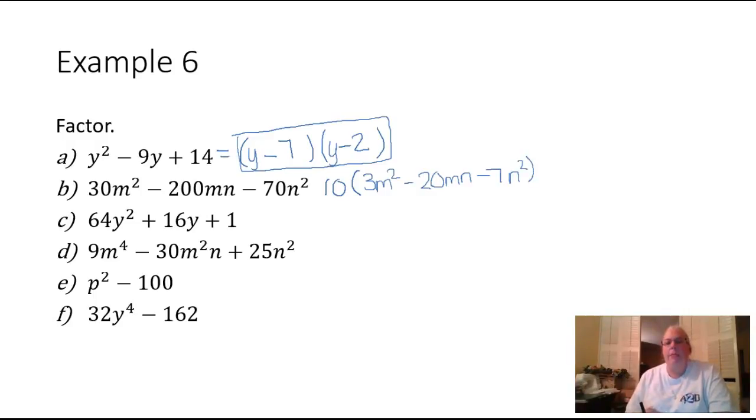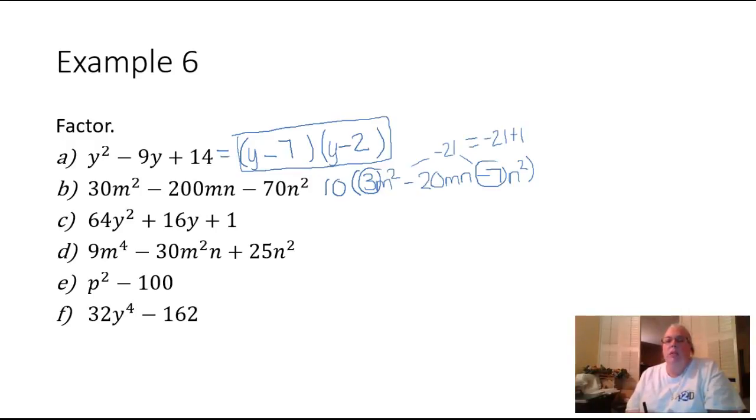Now, my trinomial back here will actually factor one more time. So what I'm going to do is multiply 3 times the negative 7 here. This is going to give me negative 21. And I'm looking for numbers that will multiply and give me negative 21, but will add together and give me negative 20. So I think negative 21 and positive 1 will do that.